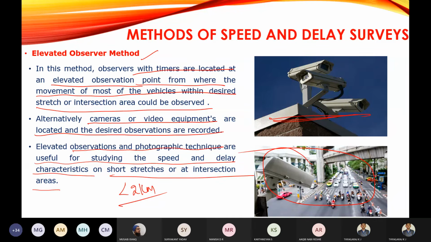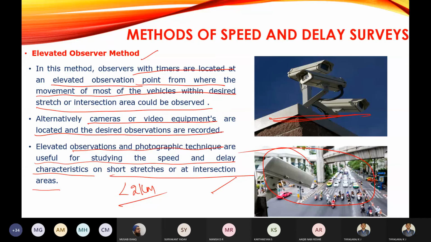Through CC cameras and videos, you record the vehicular movement and calculate the delay. You can adopt this elevated observer method when there is a road stretch of less than 2 km and whenever there is an intersection.